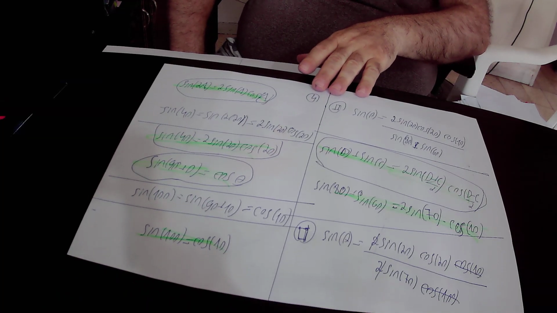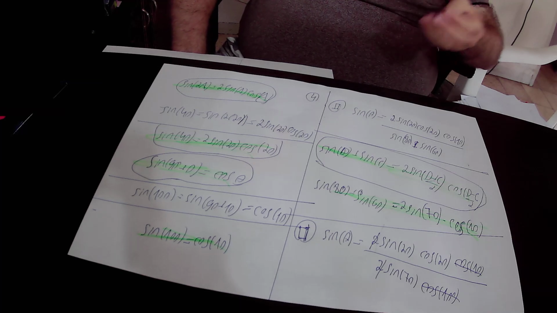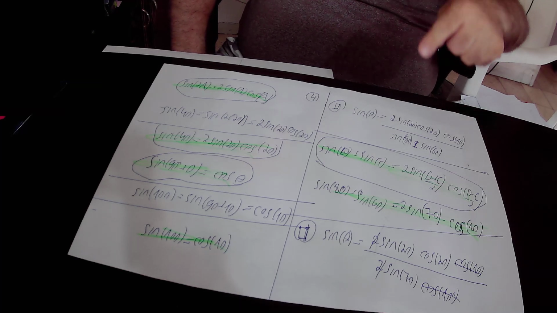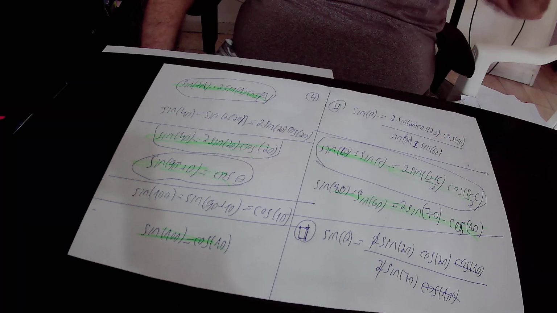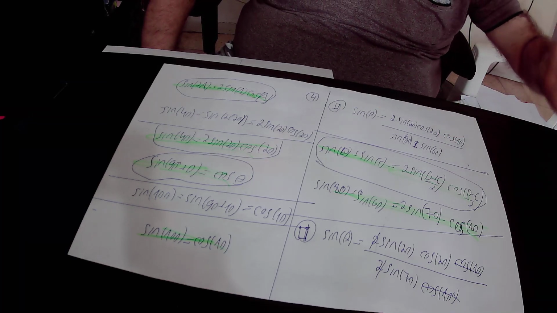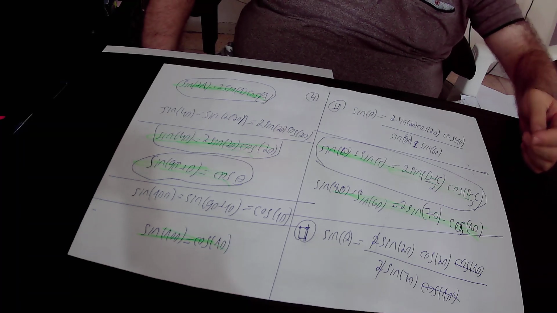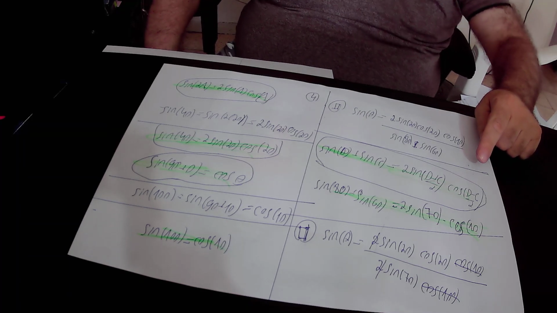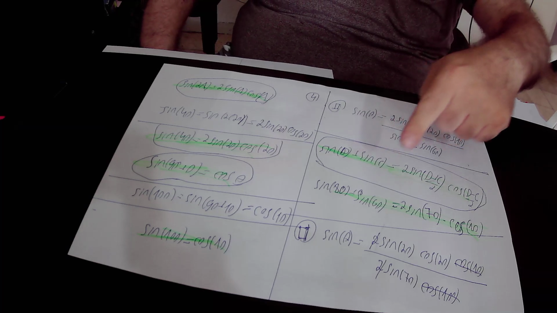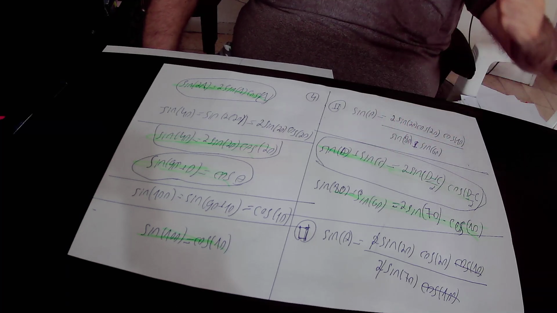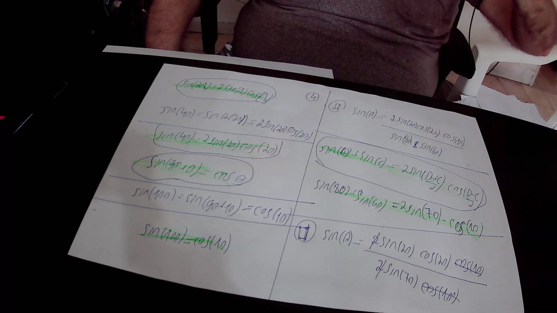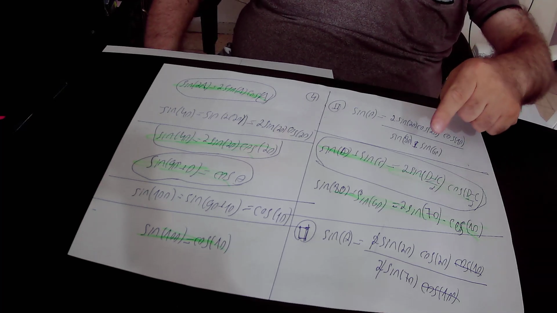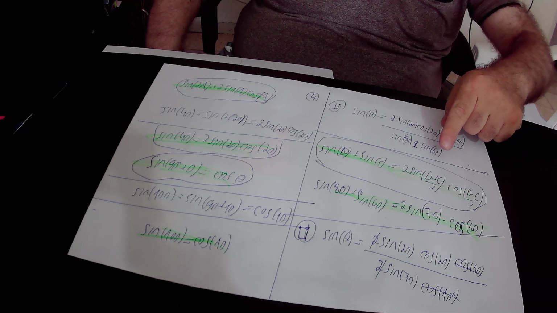Okay, and we have to divide all by sin 80 degrees plus sin 60 degrees. Then I presented to you another trigonometric identity, that sin D plus sin C equals 2 times sin of (D plus C) over 2 times cosine of (D minus C) over 2. We use this identity for sin 80 degrees plus sin 60 degrees.